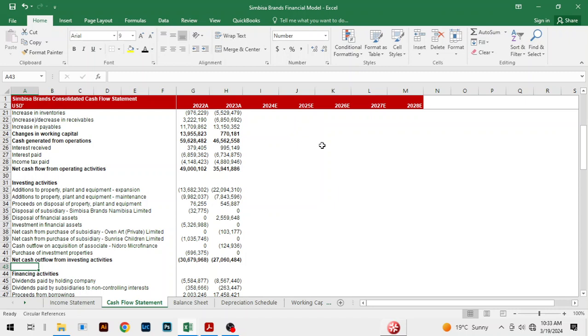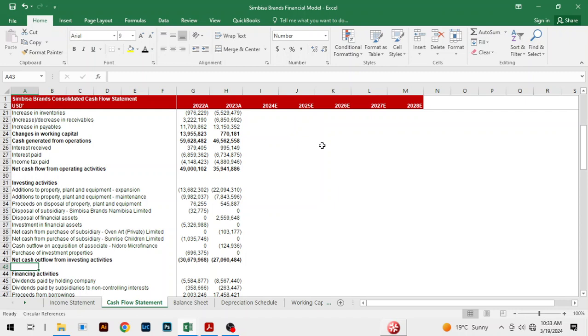And we've got also disposal of financial assets, disposal of subsidiary, investment in financial assets. This could be investments in securities such as stocks and bonds. That can also include maybe investments in money market instruments, things like that.